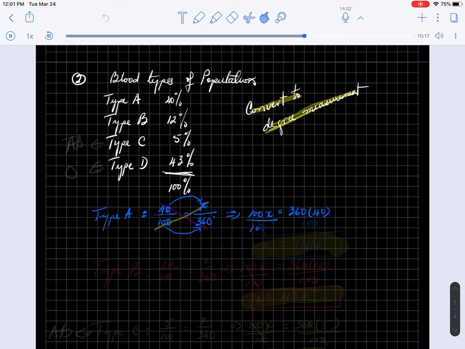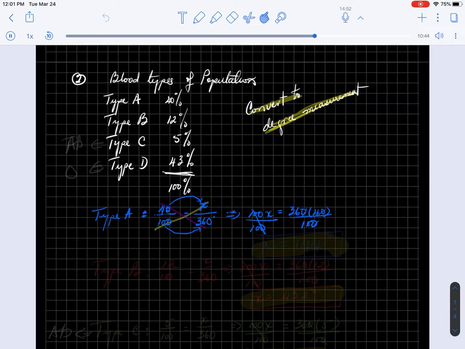Then I'm going to divide them by 100. Okay, let's simplify. This is meant to be 100. That is gone. So x therefore is 36 degrees for type A. Okay, let me finish up the rest of it.